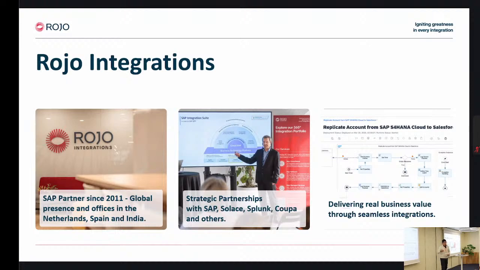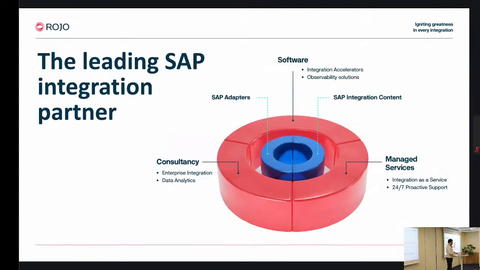That has resulted in a collection of services, but mainly software and products that are adding value in this whole journey of integration. So how do we do that? Just in short, we believe we are unique in what we do because we cover the entire life cycle. It starts from strategy, governance, implementation, but also the software that powers that.